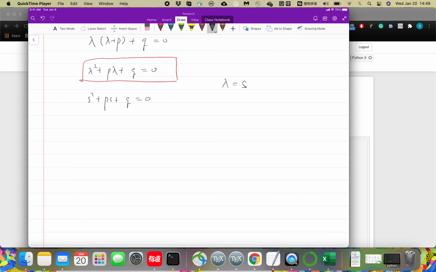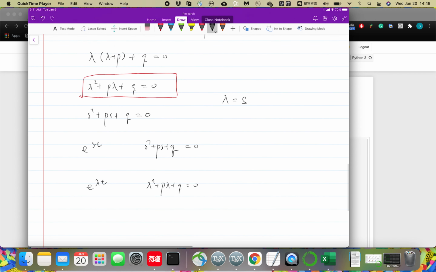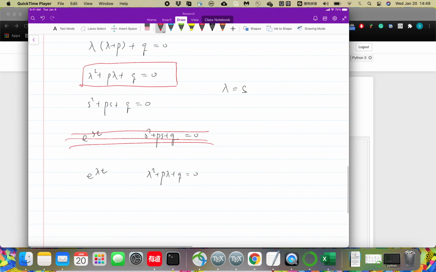So no surprise, if you guess e to the st, you should get this. But if you do everything in terms of lambda, you get lambda first, and then you guess your solution is going to be e to the lambda t. So they are totally equivalent. From now on, you can forget about what we had before with s. We have a more careful version, and they look identical.